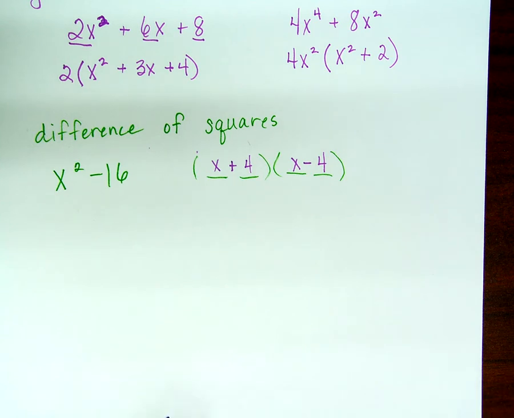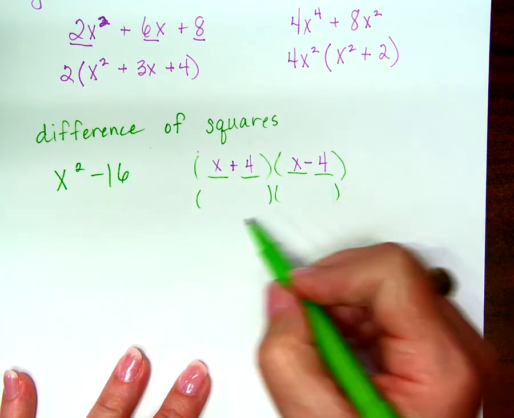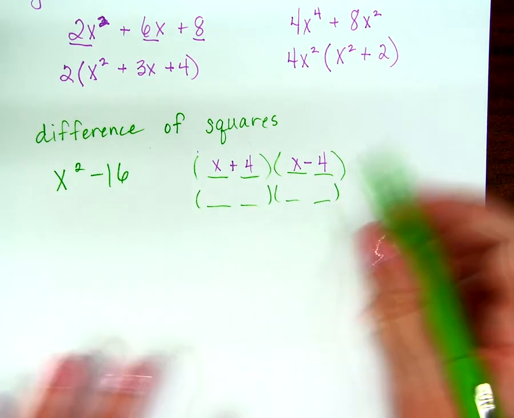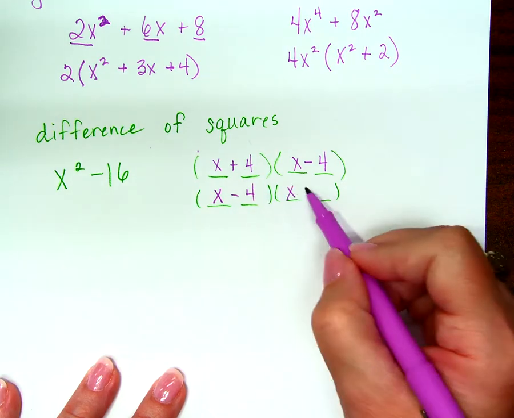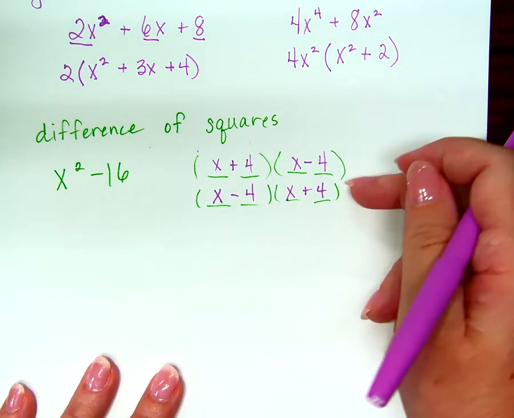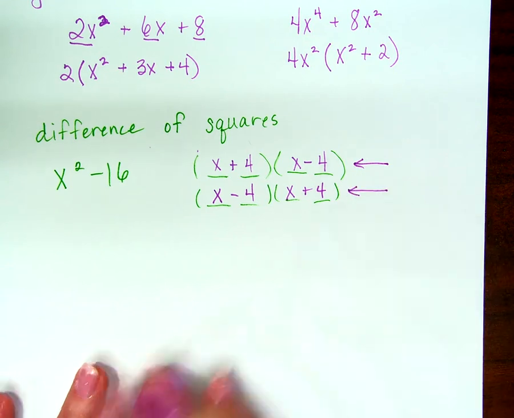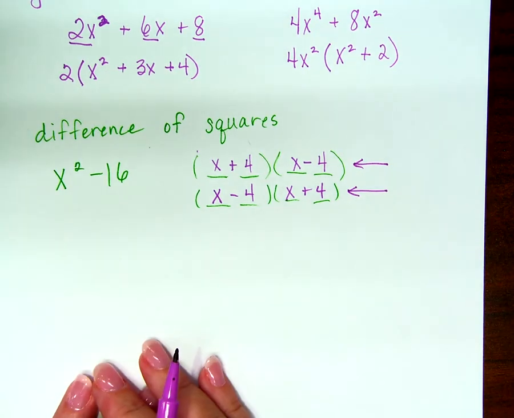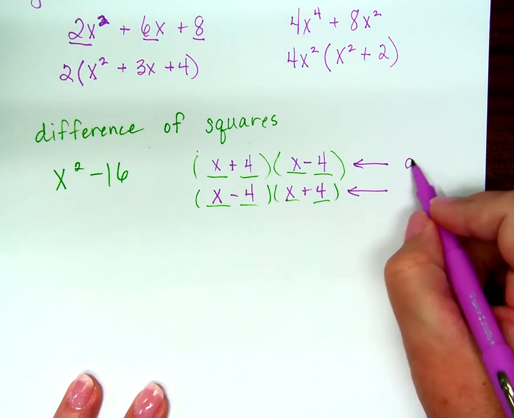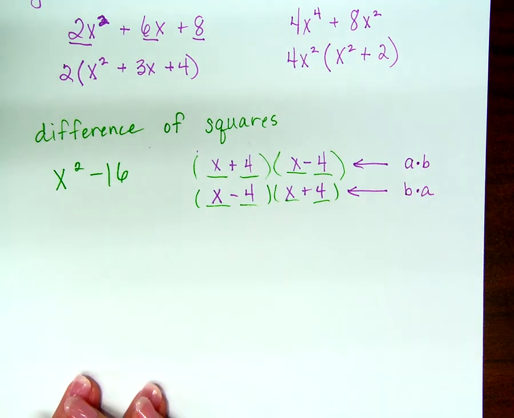Can I try to trick you? Well, I'm going to anyways. What if I wrote this instead? Which one of these two answers is correct? Is it this one or is this one correct? It doesn't matter what order you multiply in, does it? Isn't A times B the same thing as B times A? I still get the same answer, right?